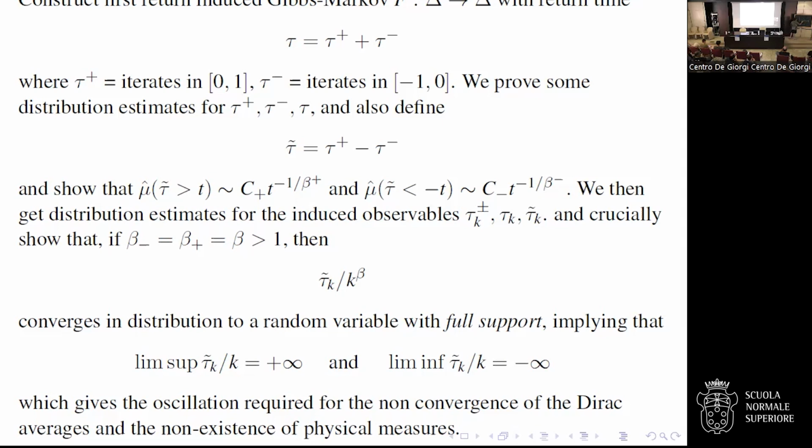So the composition of the two means that you're taking this partition of delta minus, and then each element here. When you start from delta minus and look at this inducing to delta plus, you're spending all the time on the right-hand side of the interval, and then you come back, right? So you start here, but then you switch to the right-hand side, and you stay on the right-hand side all this time. If you have a certain inducing time from delta minus to delta plus, this is our tau plus.